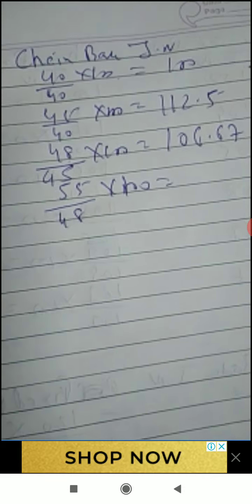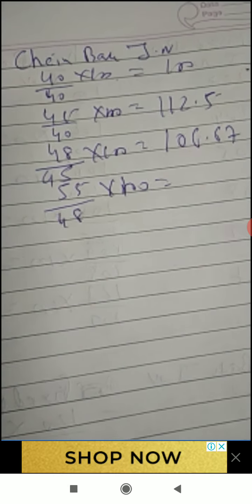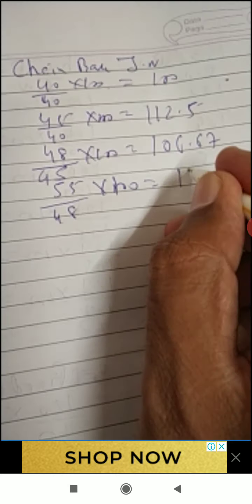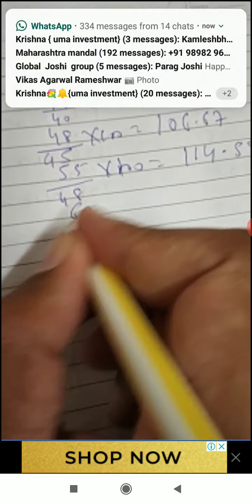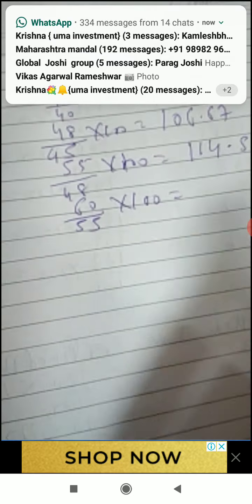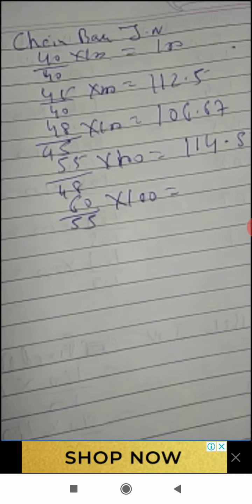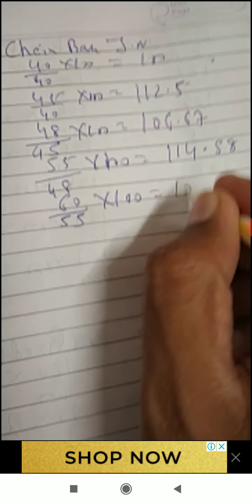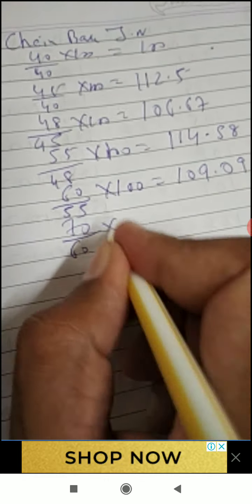Value is 114.58. Okay. Next one, that is 60 divided by 55 multiplied by 100, 109.09.